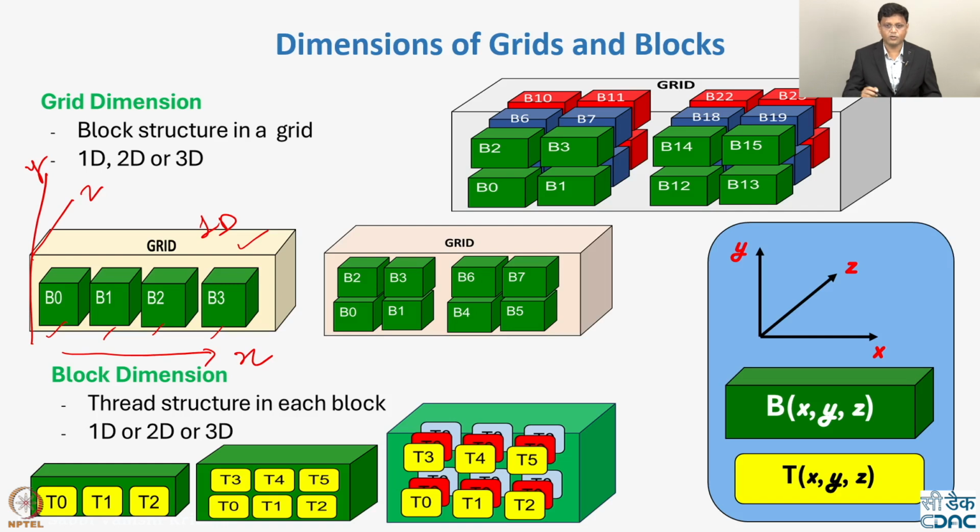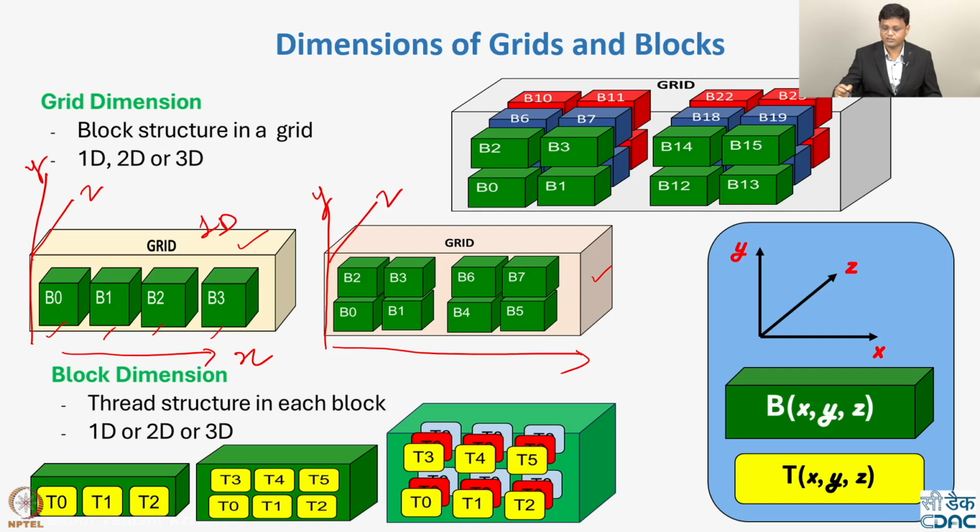Similarly, if we look at this pink color box, that is representing a grid, and here as well some blocks are arranged in some form. So, this is in x direction. Blocks are not only arranged in x direction, but blocks are arranged in y direction as well. So, here you can see that the arrangement of blocks is in 2 dimension.